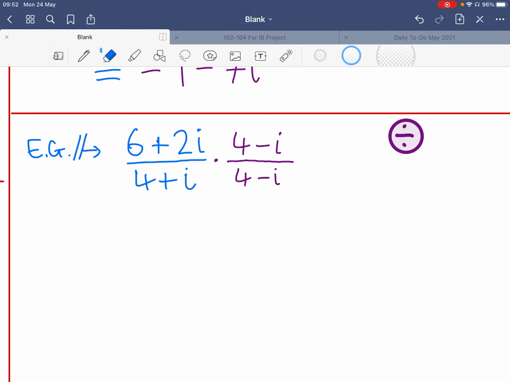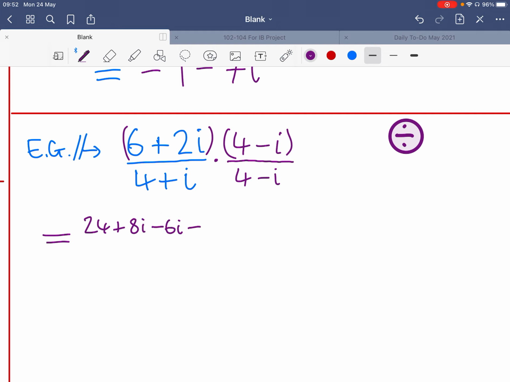Now, what happens when you do that? Well, I've got to do this multiplication thing twice now. That's 24 plus 8i minus 6i minus 2i squared, hence just plus 2. But what happens with the denominator here? I've got 16 plus 4i minus 4i minus i squared, which is plus 1.